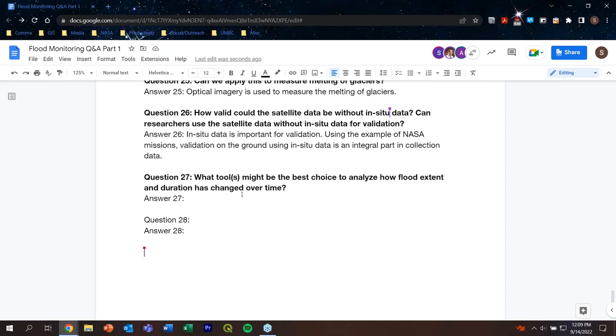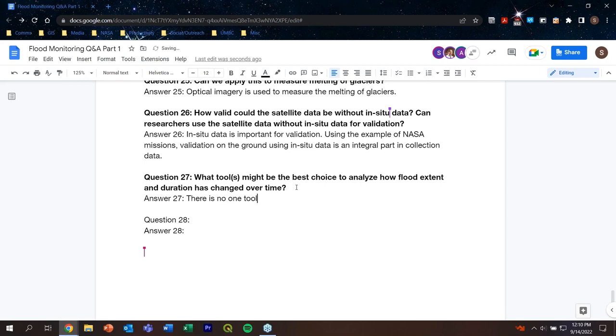Question 27 is, what tools might be the best choice to analyze how flood extent and duration has changed over time? I don't think there is one tool that can tell you. Long-term flooding information is available from MODIS.